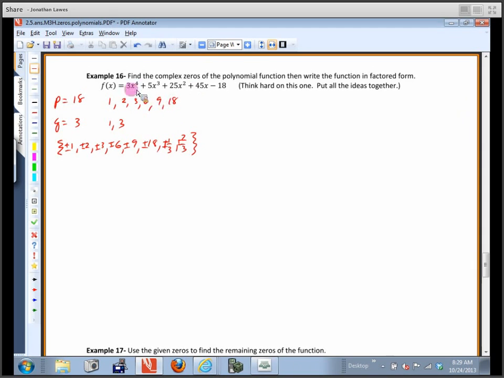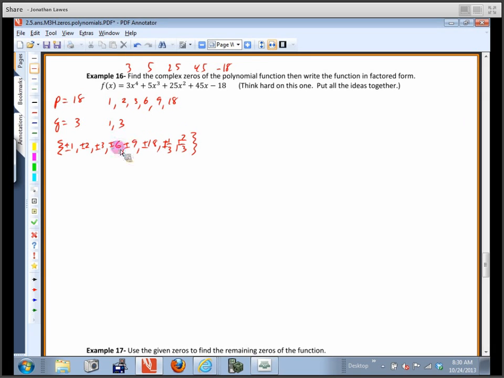Okay, what would happen if I plugged in a 1 here, and here, and here, and here? I'd get a 3, and a 5, and a 25, and a 45, and then I'd subtract 18. Is there any way I'm going to get a 0 out of that? Nope. 1's not going to work. In fact, stop and think for just a second. Everybody pay attention to this because this is important.